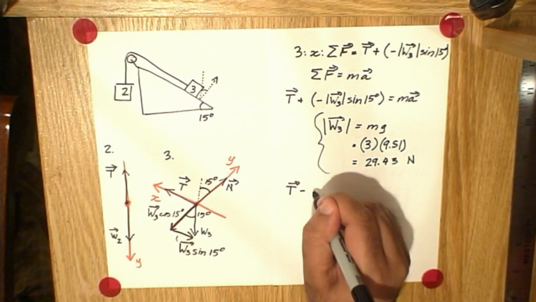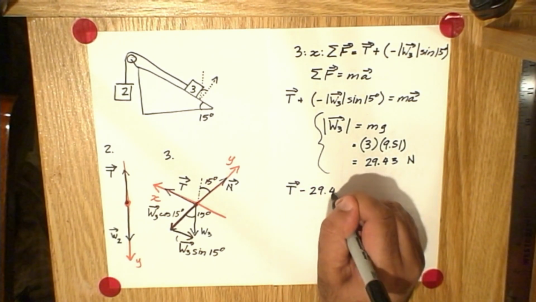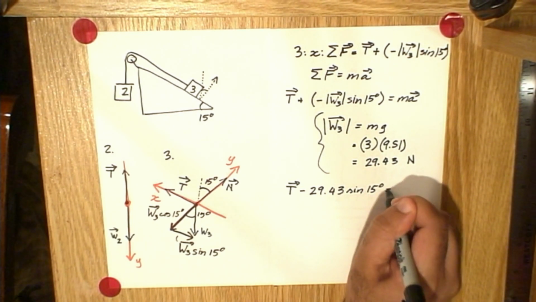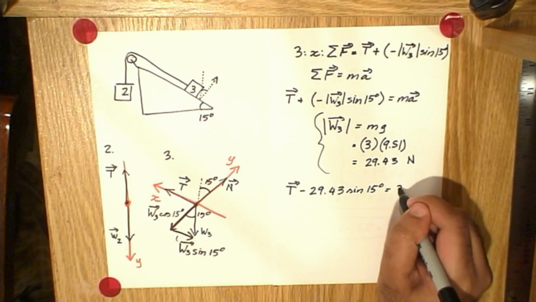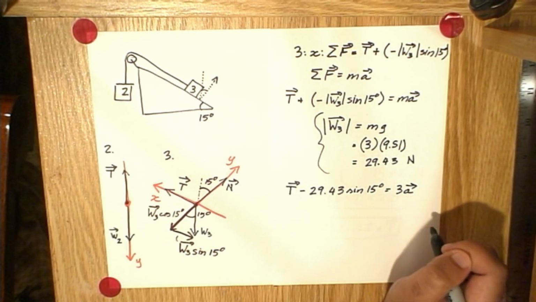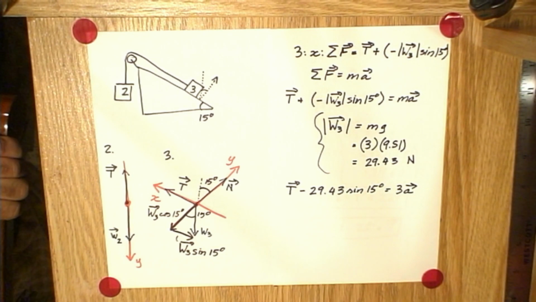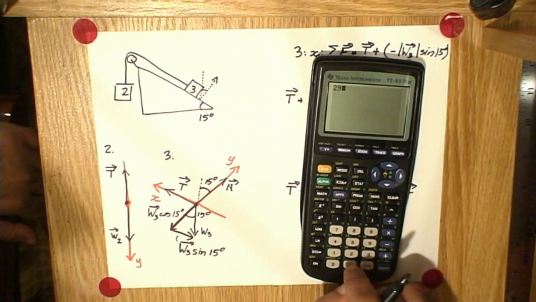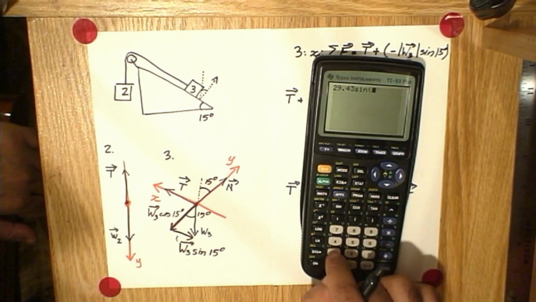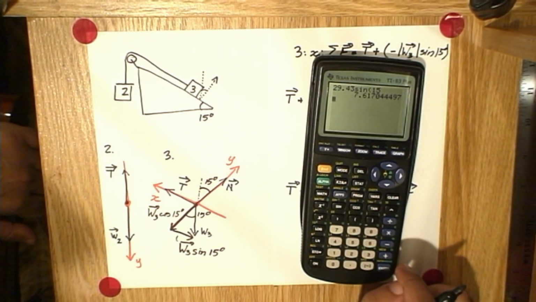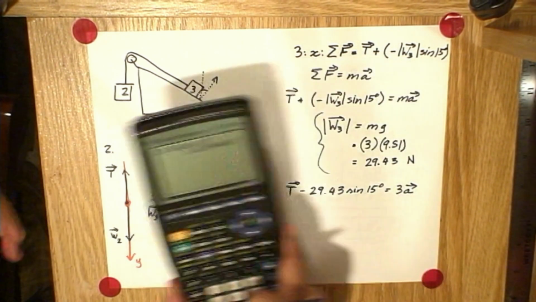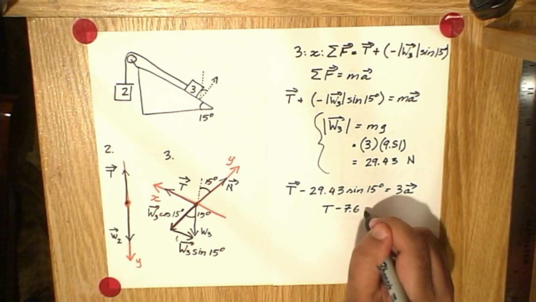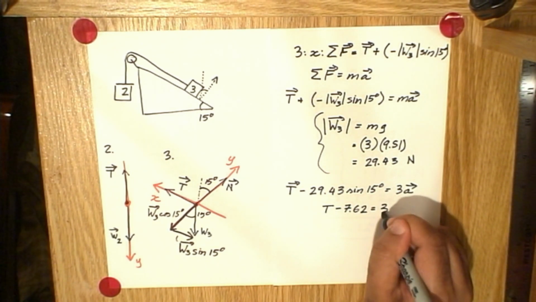Tension minus 29.43 times the sine of 15 degrees is equal to the mass of this object, which is 3, times the acceleration, which is unknown. So, simplifying this, 29.43 times the sine of 15 degrees is 7.62, let's say, which is equal to 3 times the acceleration.